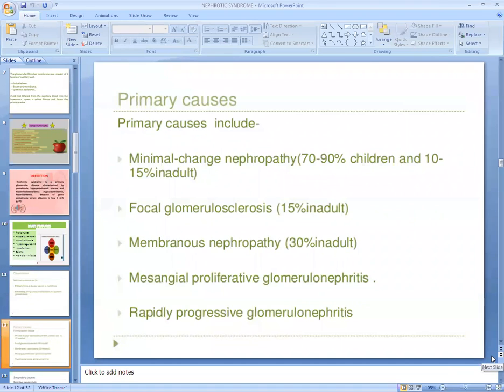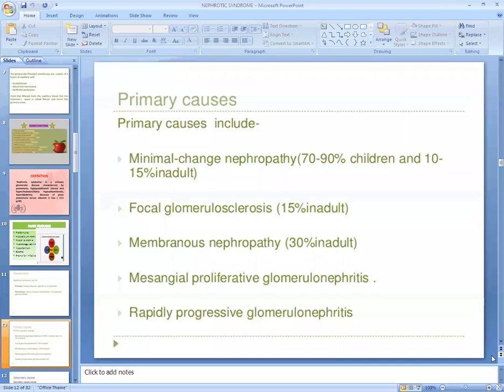Now, which are the primary causes? Intrinsic renal diseases which damage your glomerulus and result in nephrotic syndrome. The primary intrinsic diseases are minimal change nephropathy, which is very common in children, 70 to 90% of children, and 10 to 15% of adults. Then focal segmental glomerulosclerosis, 15% in adults, membranous nephropathy, mesangial proliferative glomerulonephritis, and rapidly progressive glomerulonephritis.